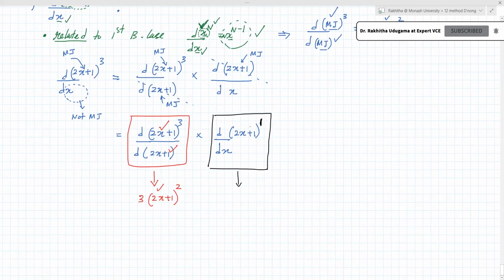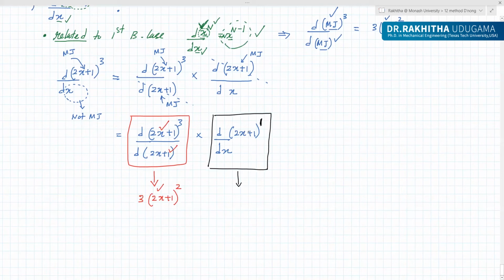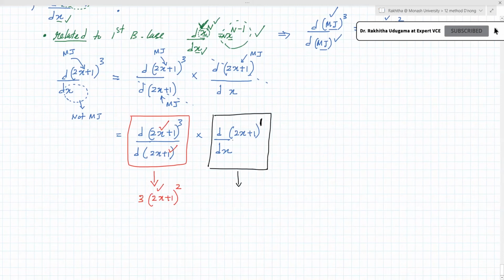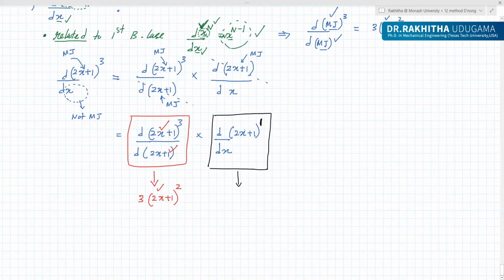No, why not? Because it has plus 1, so you can't. No, this looks like base case number 1. That's the word, right? This looks like base case number 1.